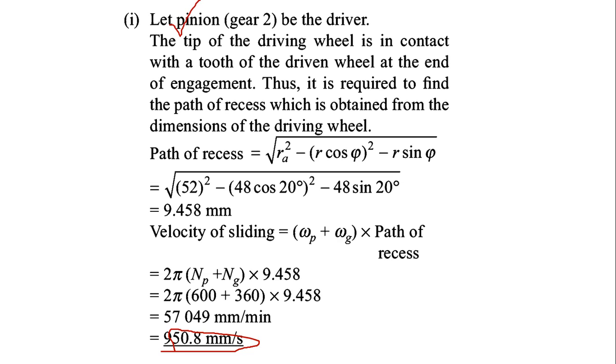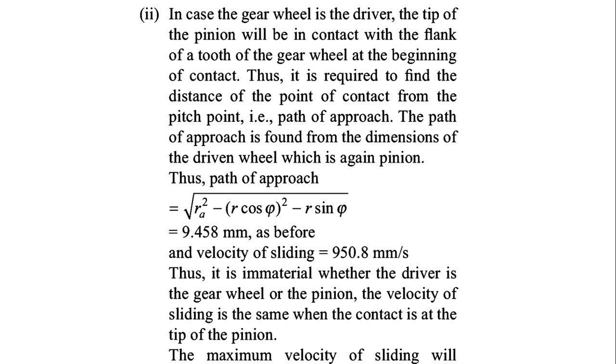Okay, so you have considered here the pinion to be the driver. If you change it, you may get a different consideration. In the case where the gear wheel is the driver, the tip of the pinion will be in contact with the flank of the tooth of the gear wheel at the beginning of the contact. To find the distance of the point of contact from the pitch point, that is the path of approach, it is found from the dimensions of the driven wheel, which is again the pinion.